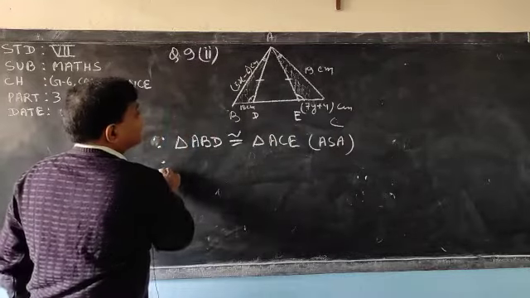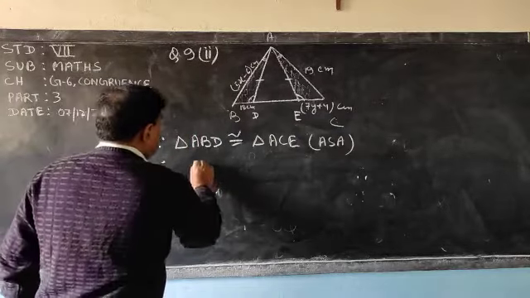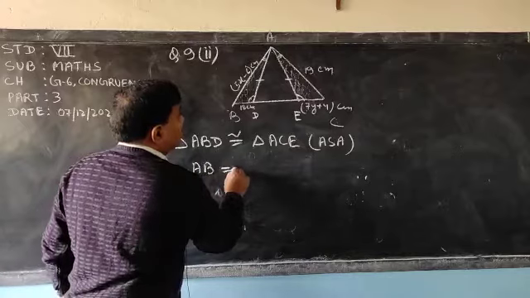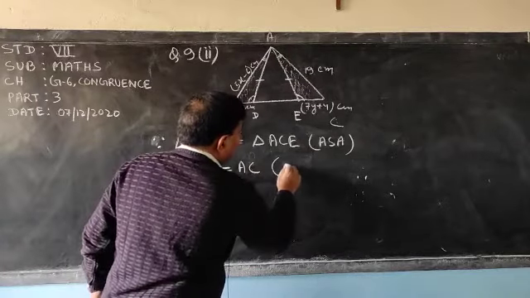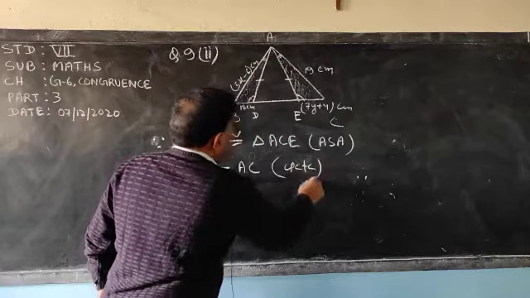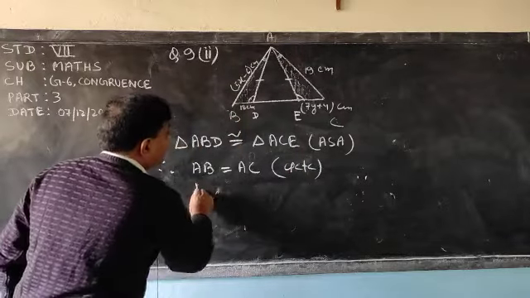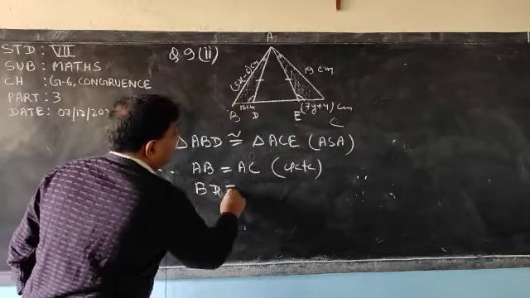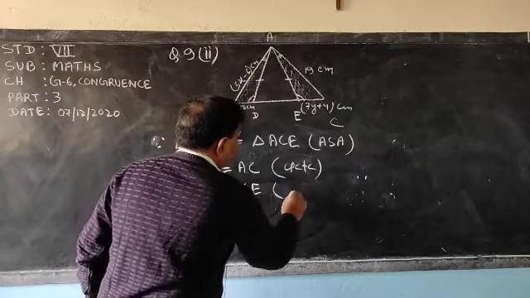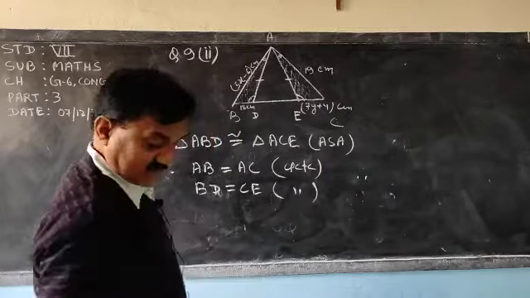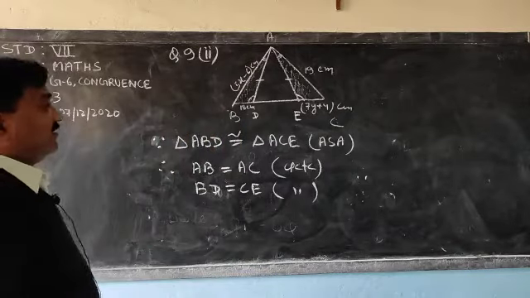Therefore, AB will be equal to AC. How? CPCTC. And BD will be equal to CE. This is also by CPCT. So these will be equal.